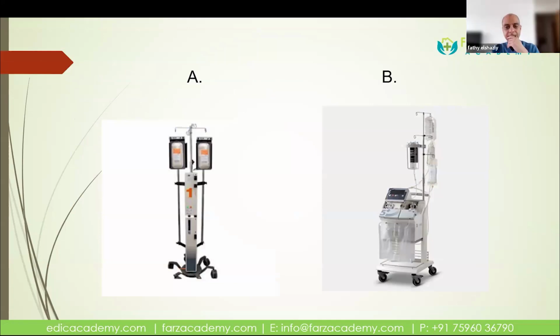This is for massive transfusion. What is that device called actually? I knew that, I saw it yesterday, but I forgot. There are two types of it, but I forgot its name. It is equipment for massive transfusion, but I forgot its name.